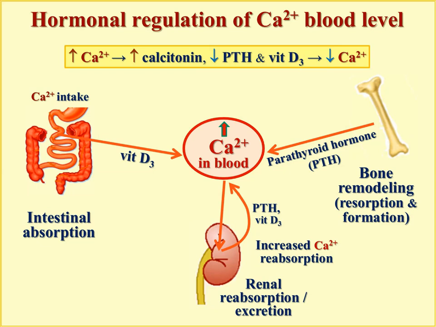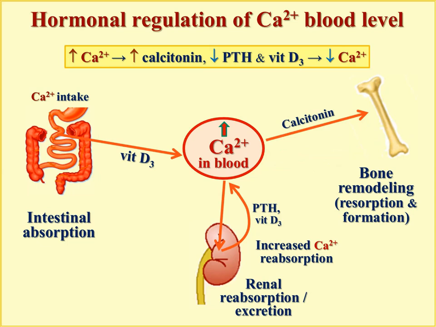And so let's see which changes occur. Calcitonin suppresses osteoclasts, and so resorption does not occur and deposition starts to predominate, calcium deposition in bone. But anyway, the number one effect for restoration of calcium back to normal is suppression of parathyroid hormone.